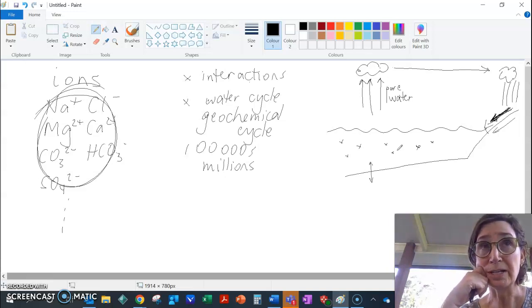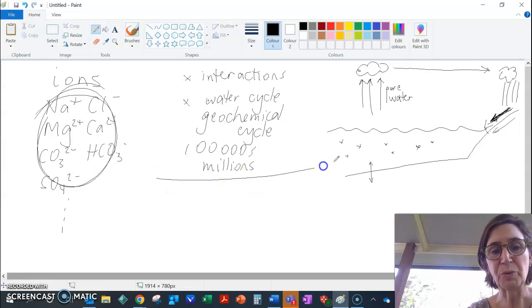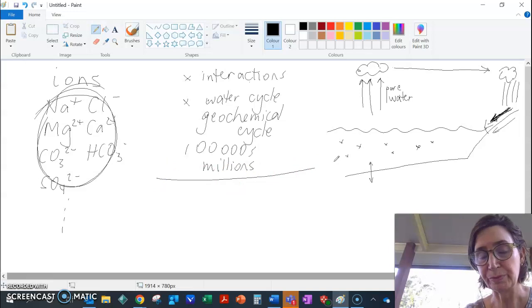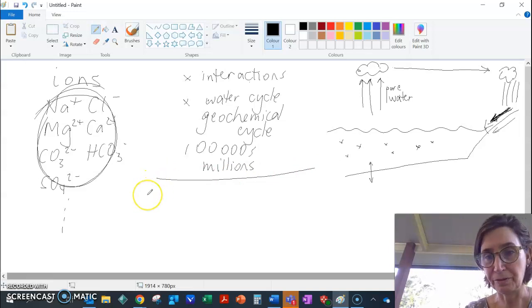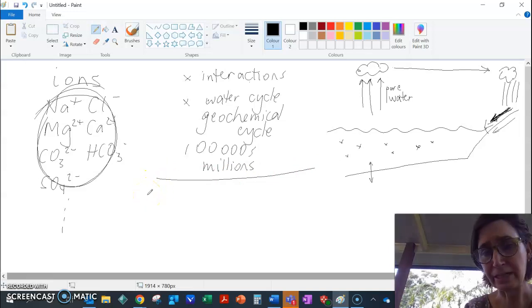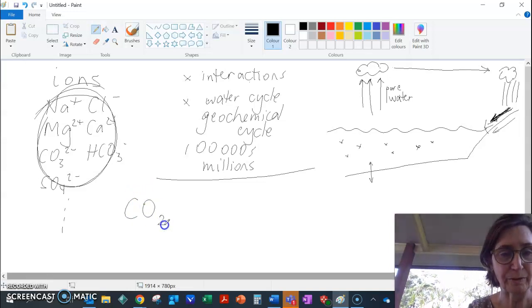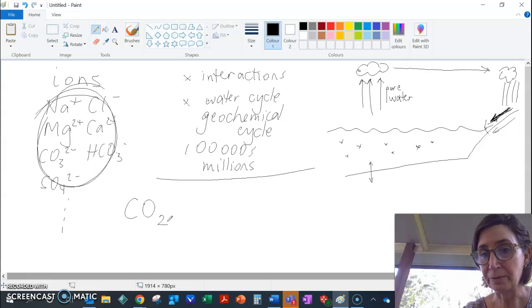The problem arises is that we humans have come along and we've started to do things on a much quicker time scale. So we're putting pollution into some of the runoff that's happening here, but of course the biggest problem that we're talking about is carbon dioxide into the atmosphere.